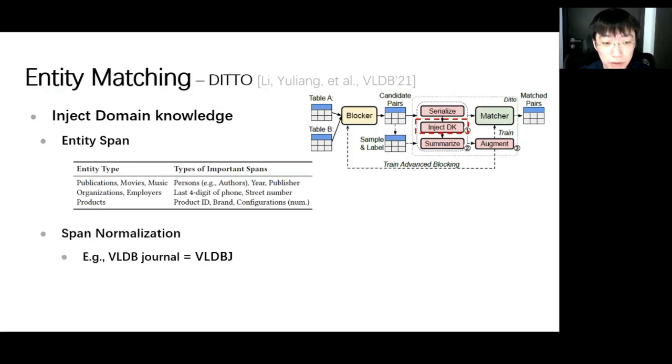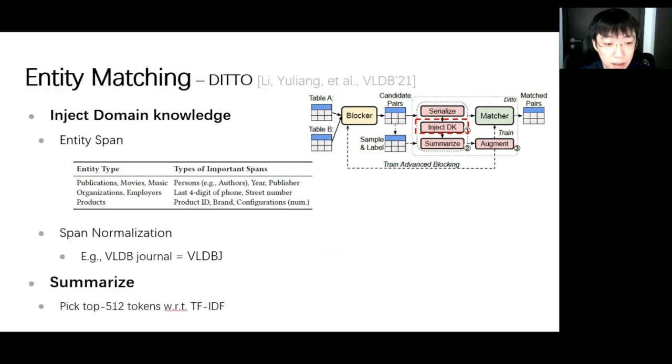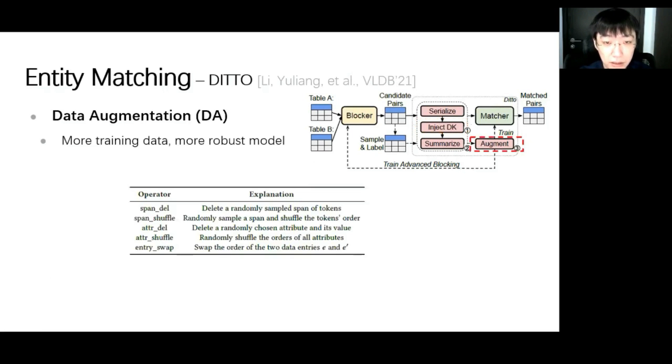The model also injects some domain knowledge, for example, entity span and span normalization. As BERT has a length limit of 512, the model only picks the top 512 tokens according to TF-IDF.